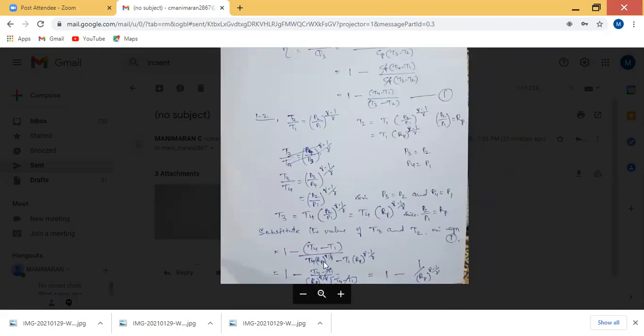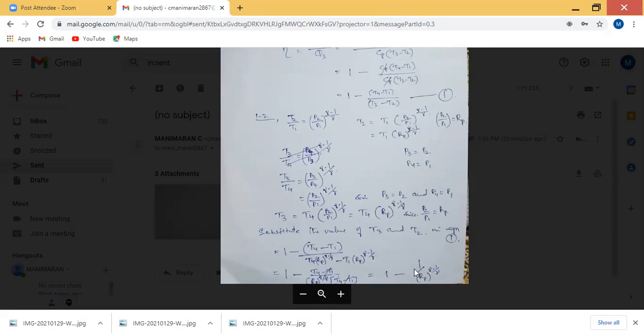Then we get T4 minus T1 in the denominator. Both numerator and denominator have T4 minus T1, so we cancel that. Finally, we get the efficiency of the Brayton cycle as 1 minus 1 divided by Rp to the power of gamma minus 1 divided by gamma.